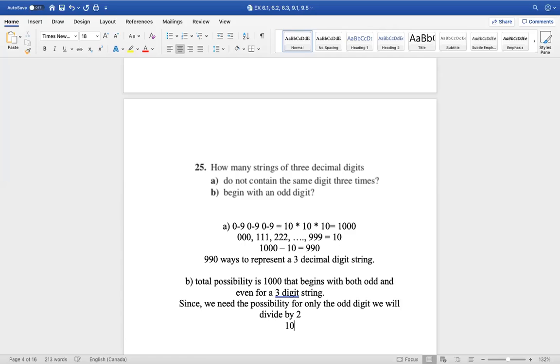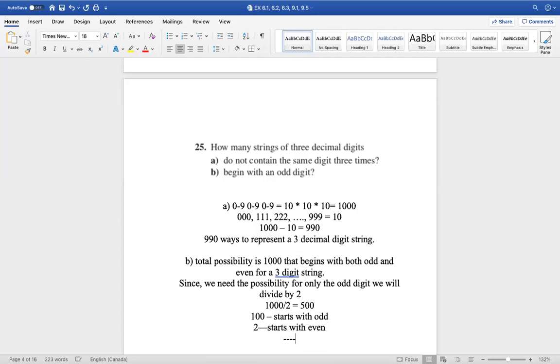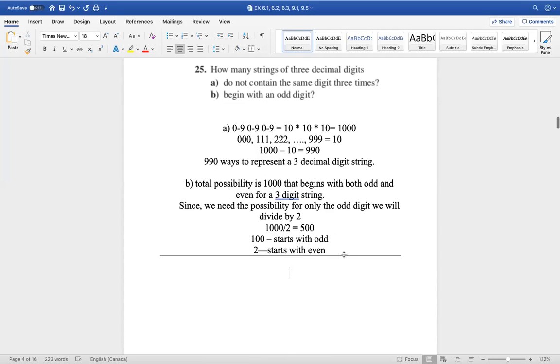So we have 1000 divided by 2, which equals 500. So 100, for example, starts with odd, 200 starts with even, and likewise we have that streak.